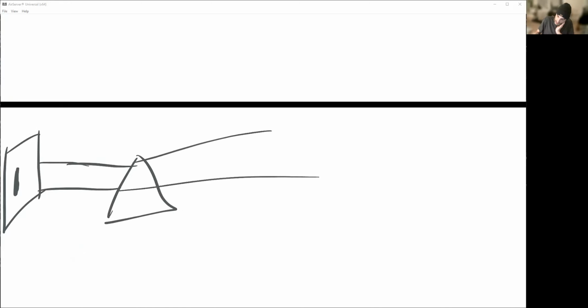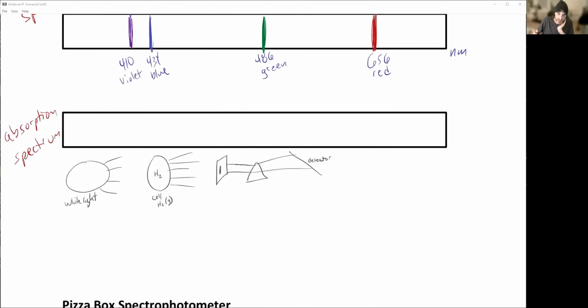Again, we're going to look at the detector and the colors that we see. So we end up seeing a rainbow of colors. It's going to take me too long to actually draw a rainbow. So we see a rainbow of colors, but something very specific that we notice is that something is missing.